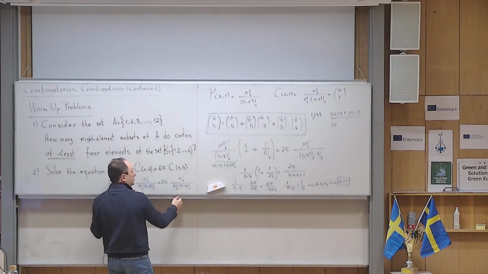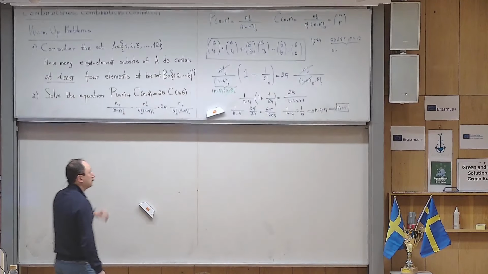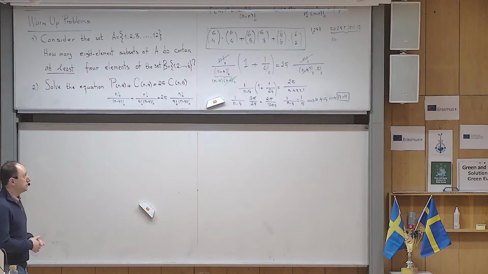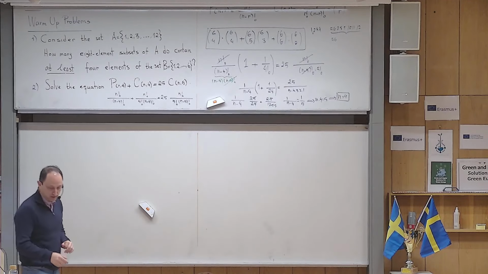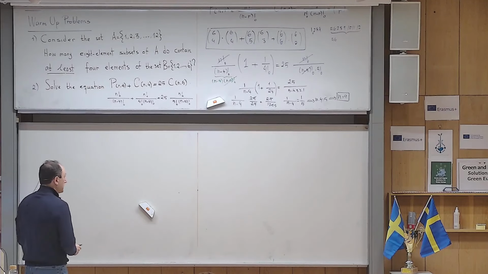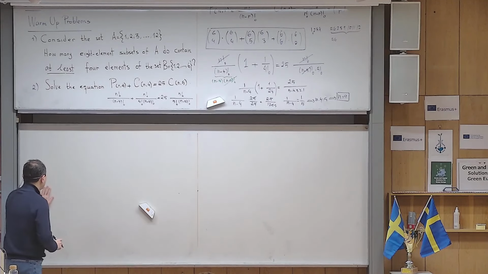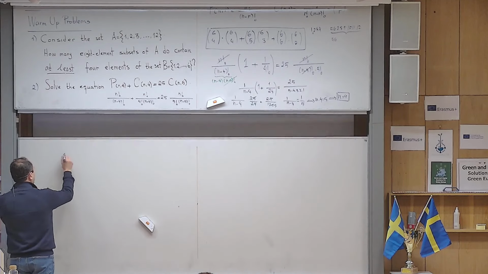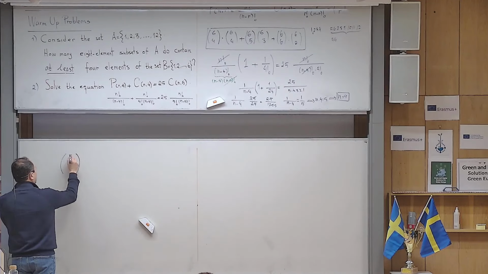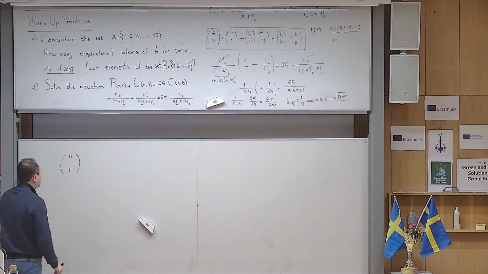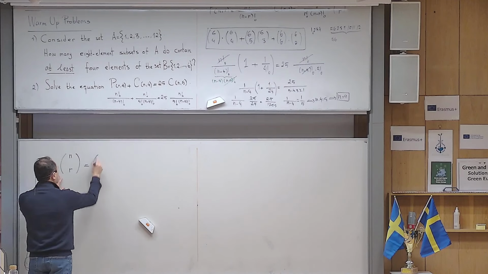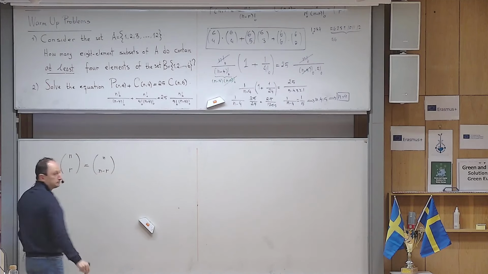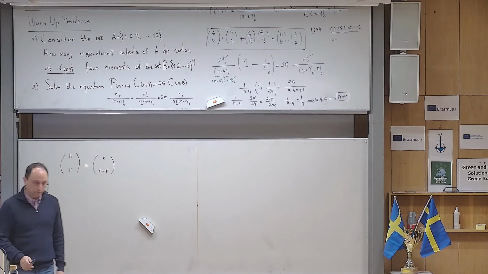Now that we worked a little bit with algebra, let us try to talk about two very important identities here. One of them even carries a name. The first one doesn't have any name. If you have this symbol, n choose r, this is always equal to n choose the difference, n minus r.